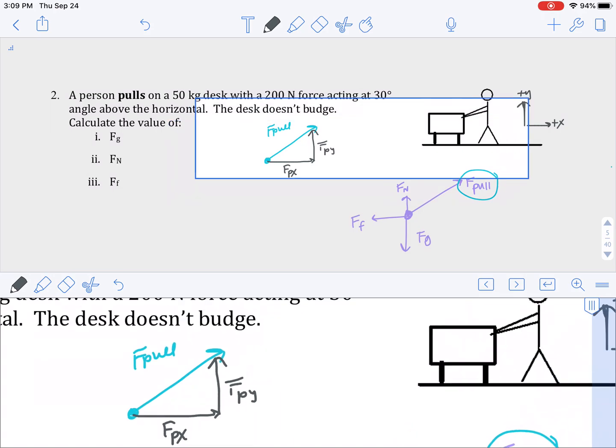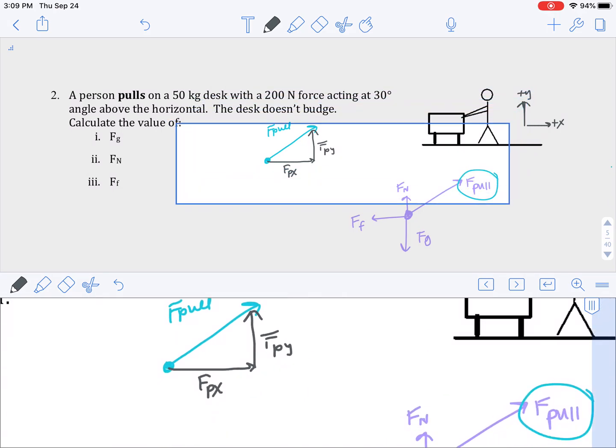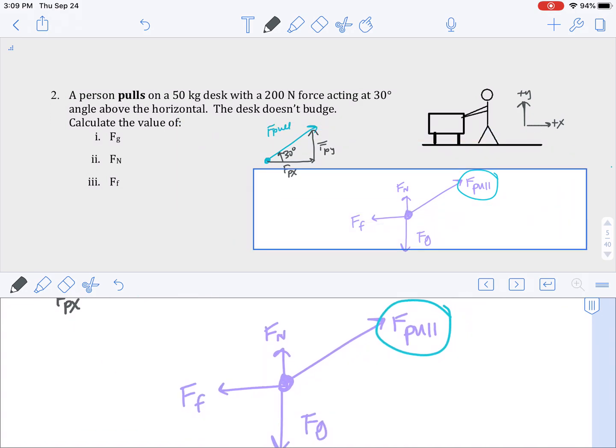Now I'm also given the angle, and that's going to be 30 degrees above the horizontal. So I actually like to go to the horizontal and draw that angle in until it is reaching that F pull. So this will be that 30 degrees because it's above the horizontal. So you can do it that way and then come to your diagram and add it in.